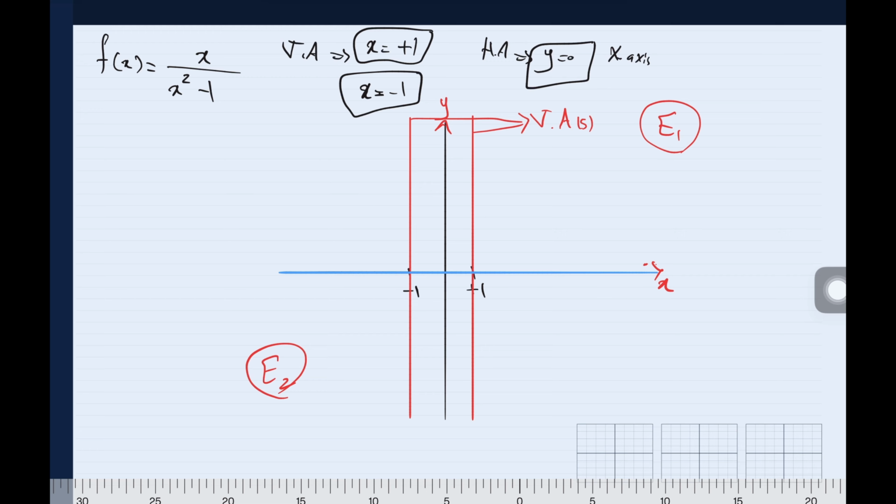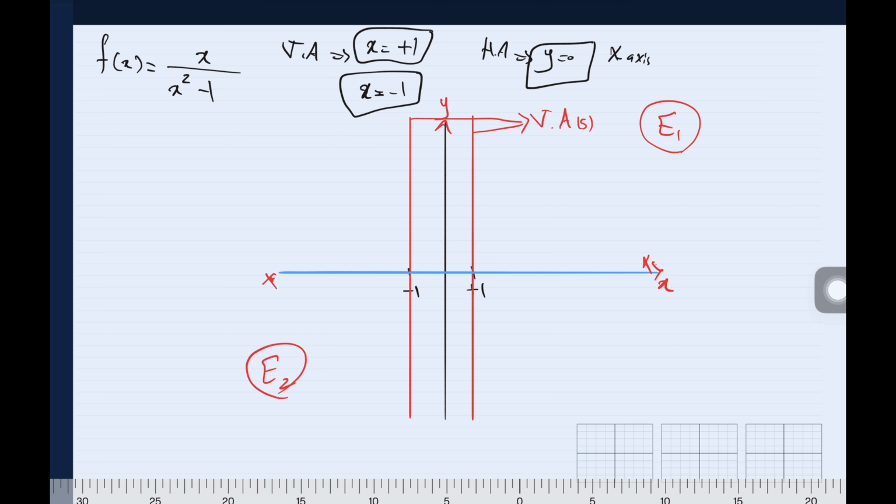The other one is going to be for a big negative x, where y is going to be a very small number. So I have something like these 2 points, like this point and this point, which are in Q1 and Q3.